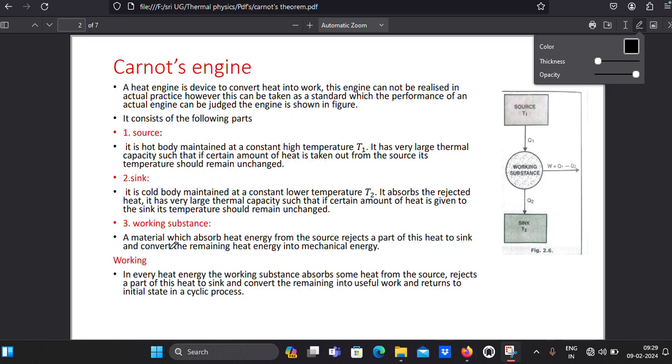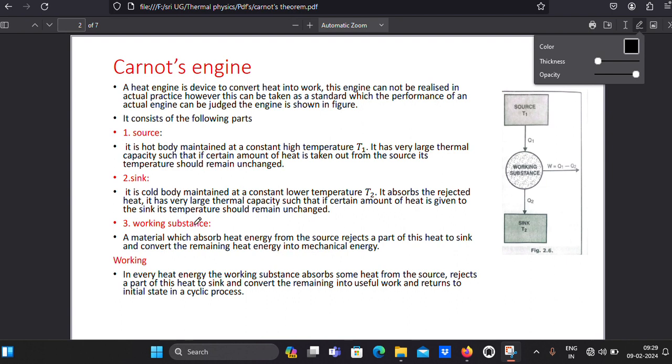Next, the third one is the working substance. A material which absorbs heat from the source, rejects a part of the heat to the sink, and converts the remaining heat energy into mechanical energy.